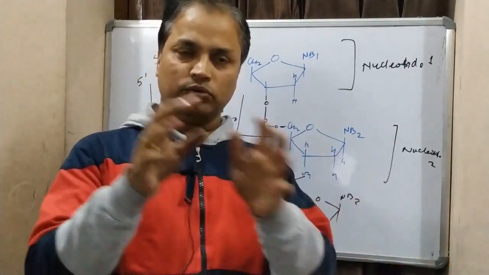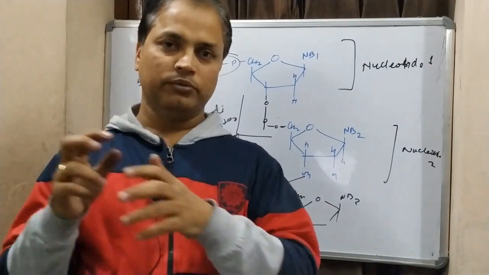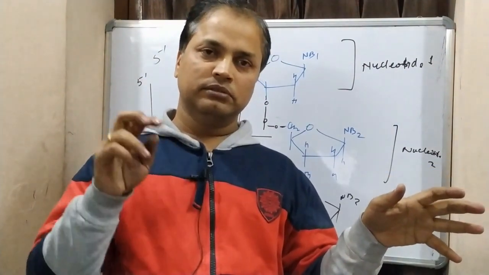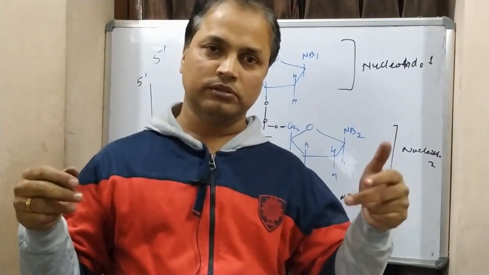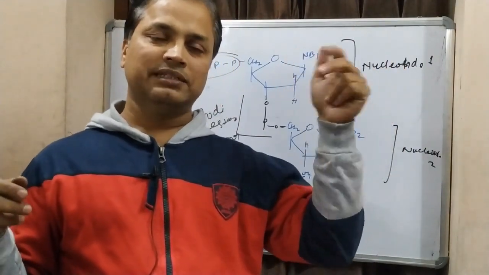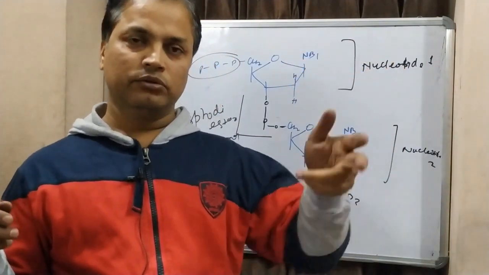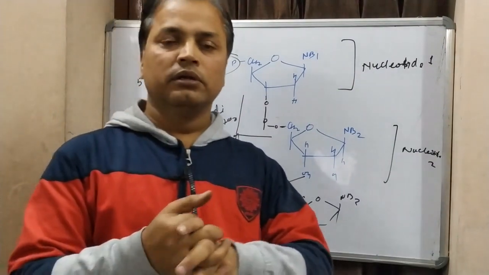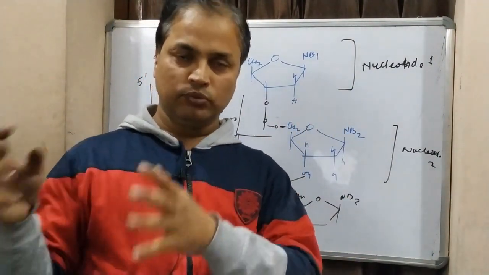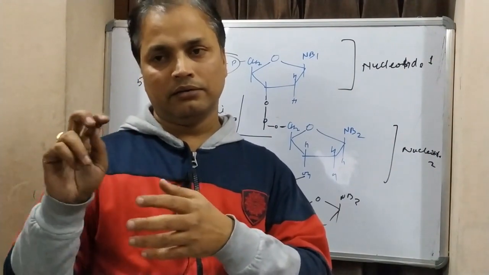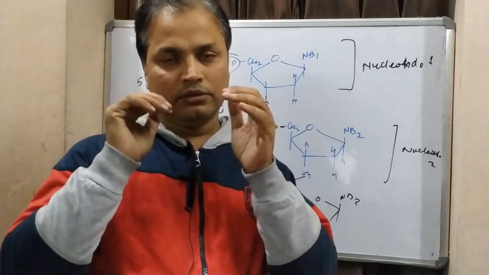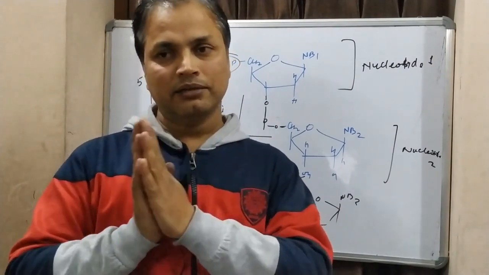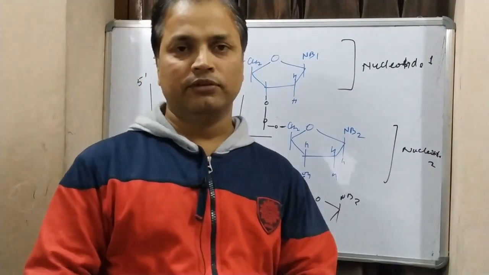Adenine is going to combine with thymine, and cytosine is going to combine with guanine. Adenine always forms two hydrogen bonds with thymine, depending on its hydrogen donors and hydrogen acceptors. I will put up pictures so you can see how the hydrogen donors and acceptors form two hydrogen bonds. In the case of cytosine and guanine there are three hydrogen bonds. So three hydrogen bonds form between cytosine and guanine, and two hydrogen bonds between adenine and thymine. That is on the basis of Chargaff's rules.